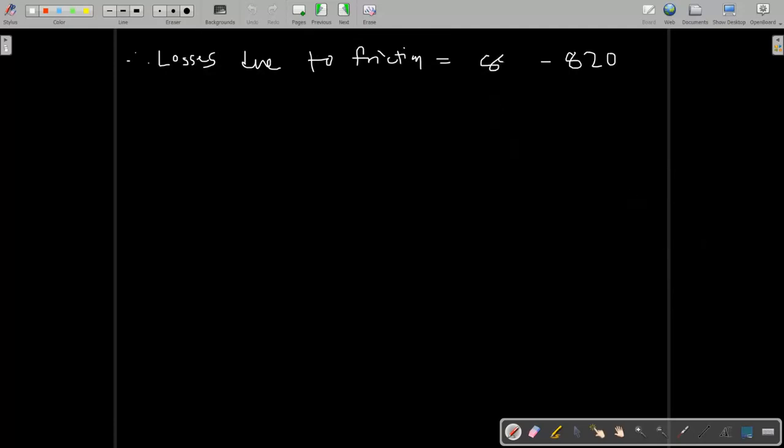All these terms are in kilowatt. So the loss is 62 kilowatt. Here it is a 62 kilowatt loss in mechanical friction.